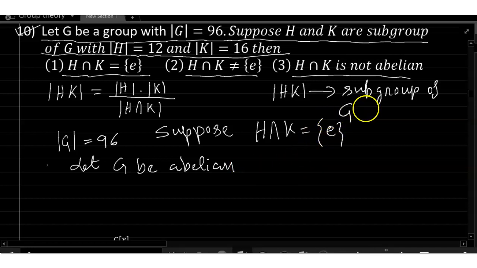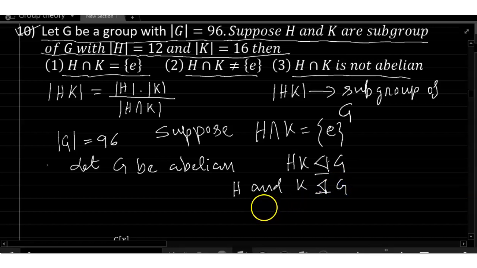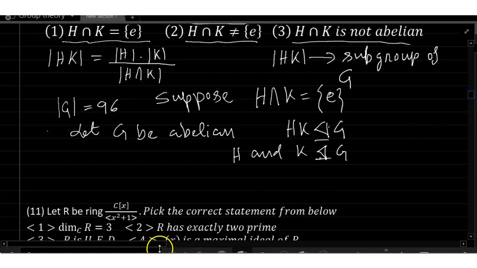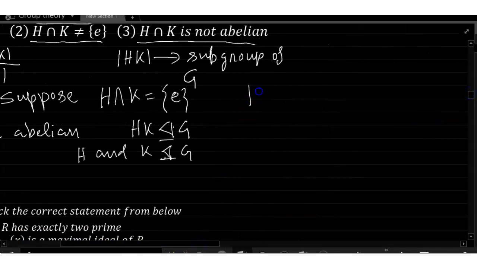So HK, because H and K both are normal subgroups of G. So order of G is equal to order of HK, which equals 96.